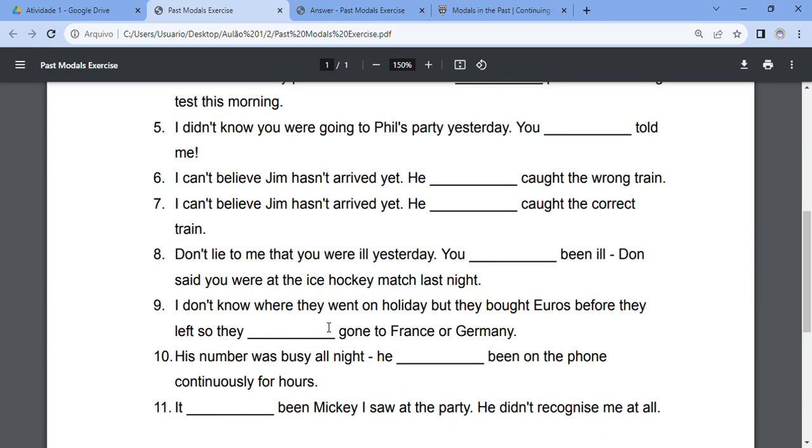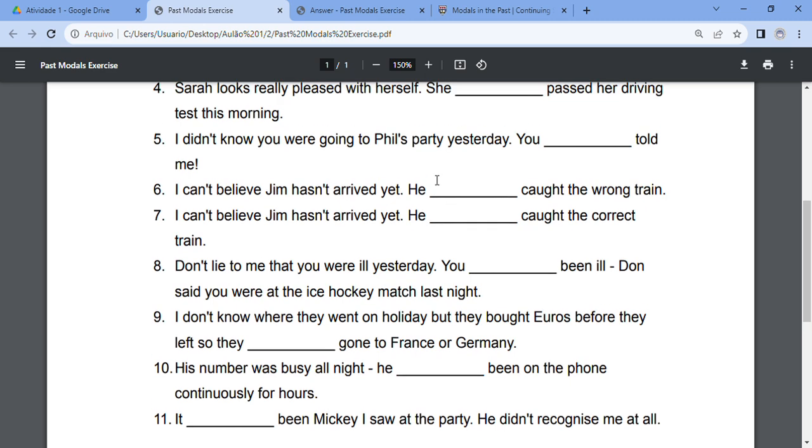I can't believe Jim hasn't arrived yet. He caught the wrong train. So again, it is a probability of something that happened and that caused the situation, right? Jim not arriving. So it must have.